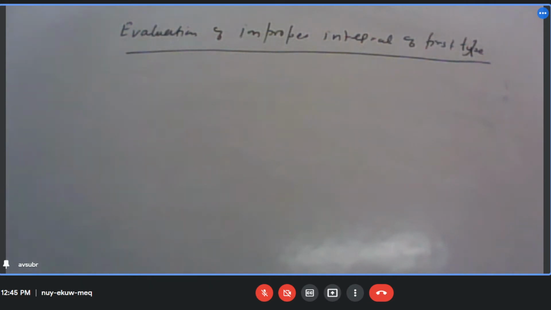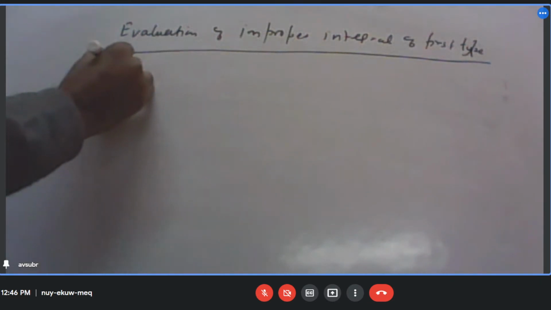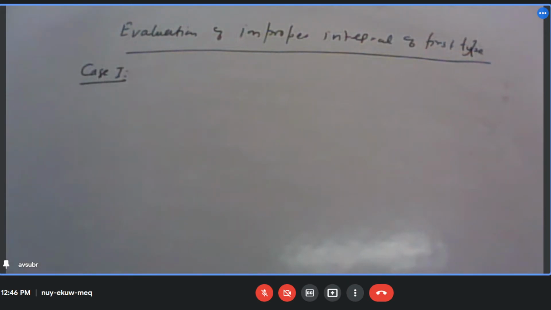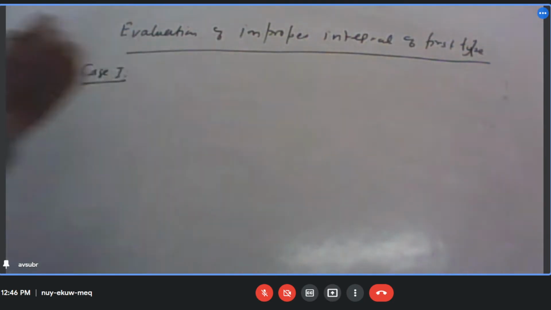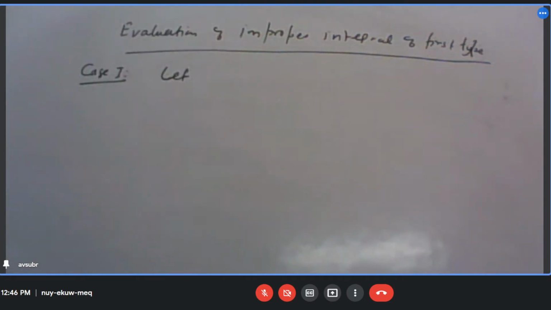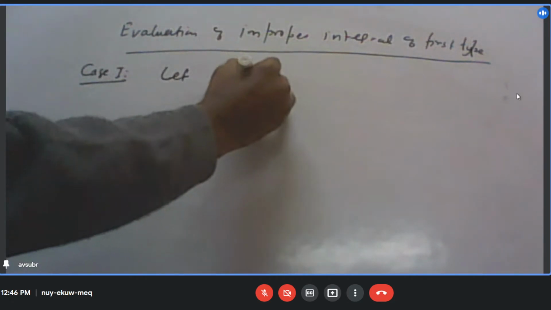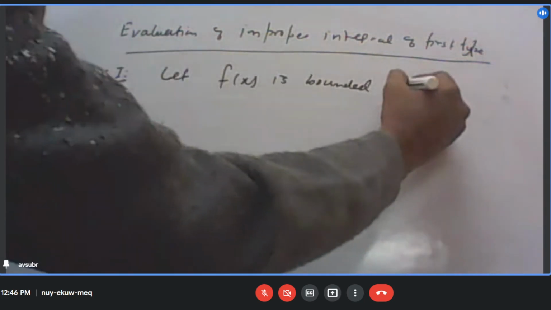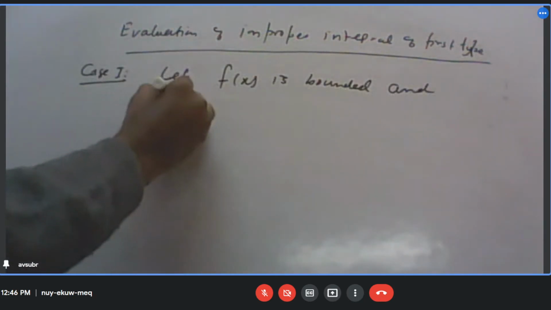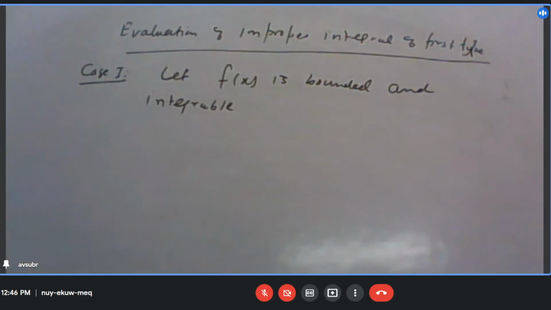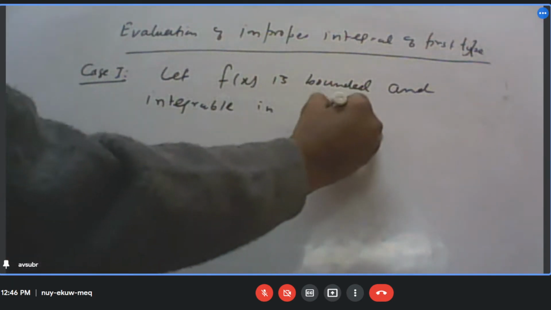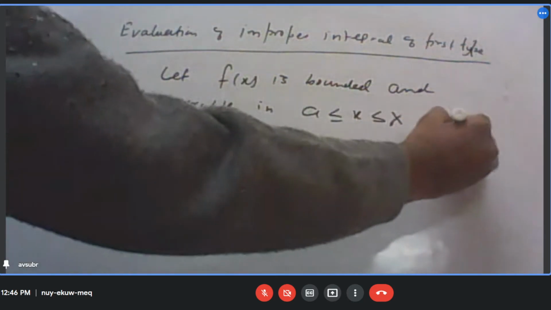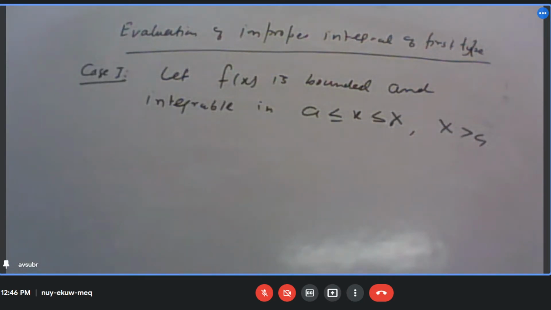Let us take case number 1. Let us say that the function is bounded, that is, it is continuous and integrable in some range, for all x greater than a.